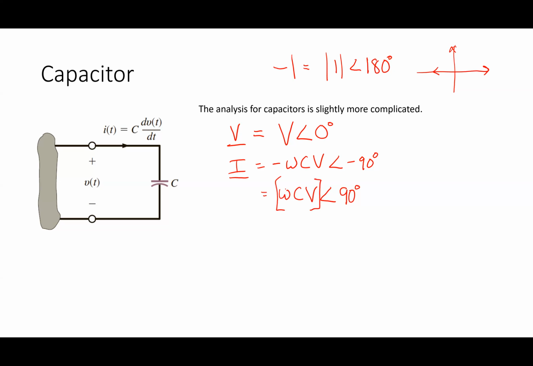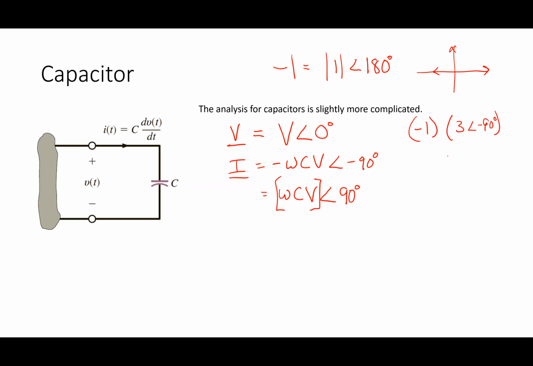Wouldn't negative 90 just be clockwise? So if I have -1 times a number that has, let's just use numbers, 3 angle negative 90 degrees.